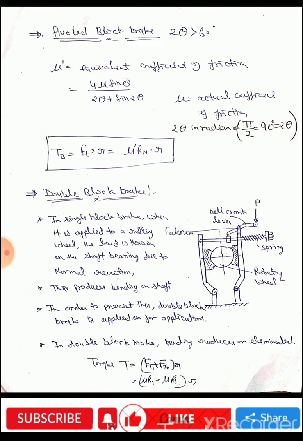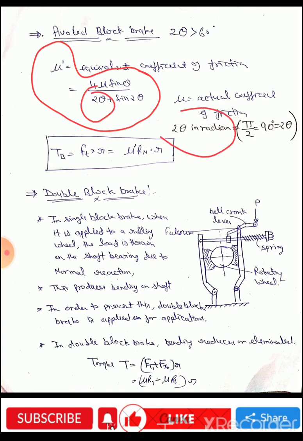The value of equivalent coefficient of friction is 4 mu sin theta upon 2 theta plus sin 2 theta. This is mu dash. Here mu is the actual coefficient of friction that is given in the numerical problems, and here 2 theta is in radian.